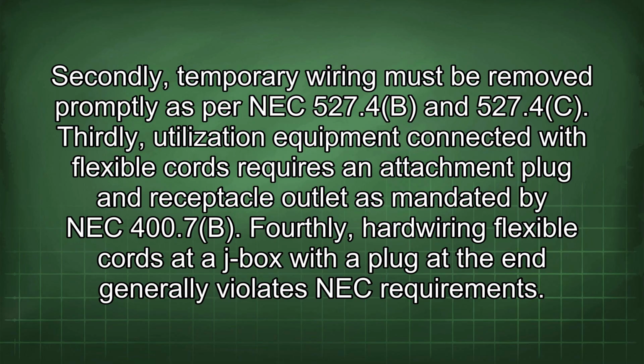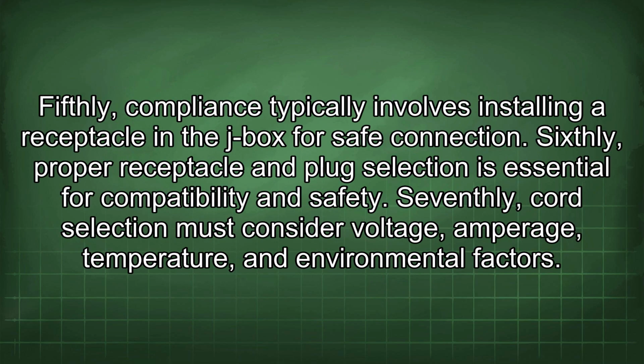Fourthly, hardwiring flexible cords at the J-box with a plug at the end generally violates NEC requirements. Fifthly, compliance typically involves installing a receptacle in the J-box for safe connection. Sixthly, proper receptacle and plug selection is essential for compatibility and safety. Seventhly, cord selection must consider voltage, amperage, temperature, and environmental factors.